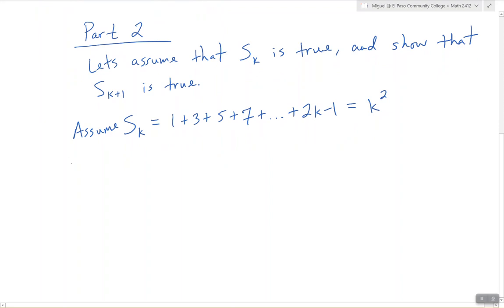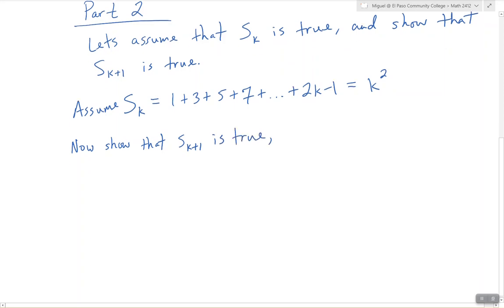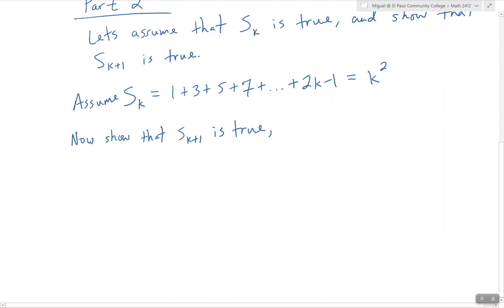Okay, and then after this, we're going to do, it's like a subpart to this. Now, we show that S sub k plus 1 is true. And what is that going to look like?